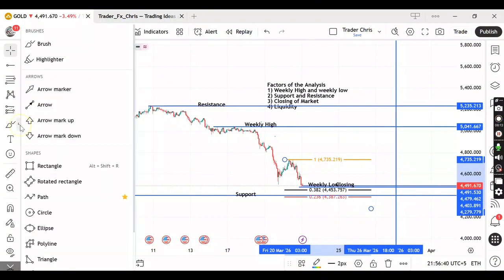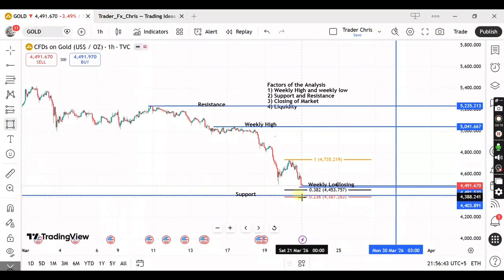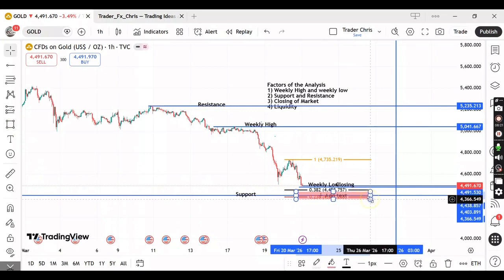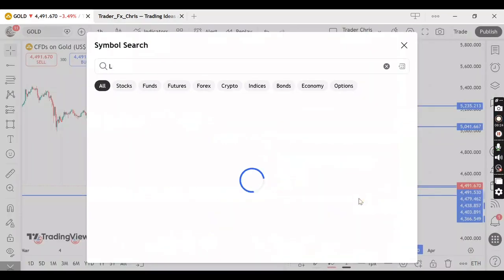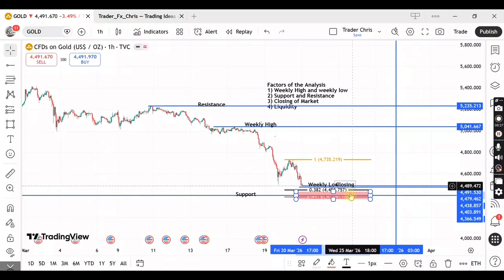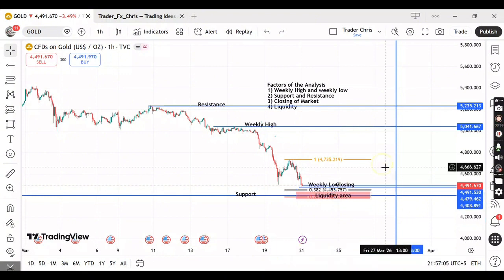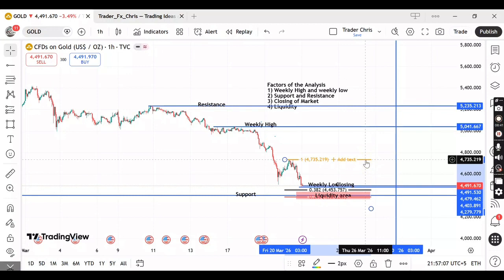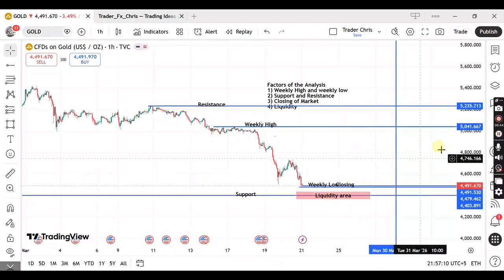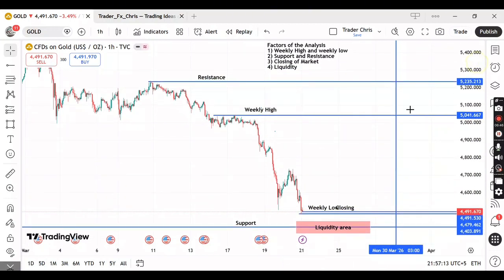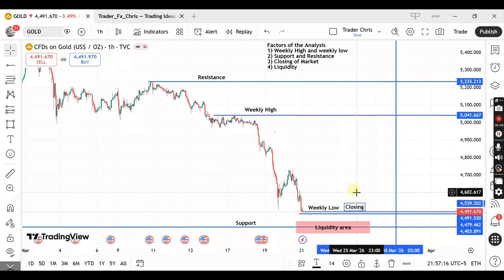So a few down moves will be found here, and this area will be considered the liquidity area.